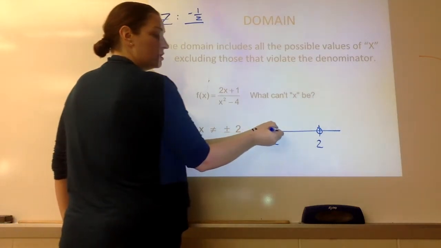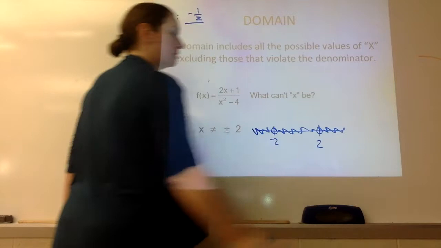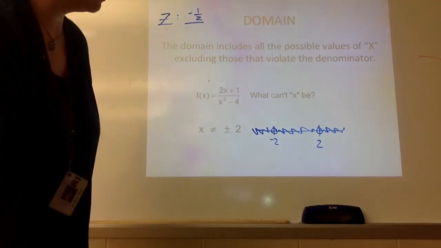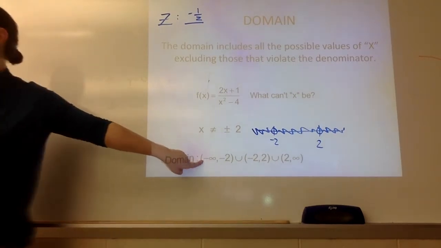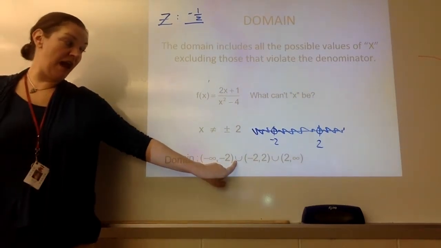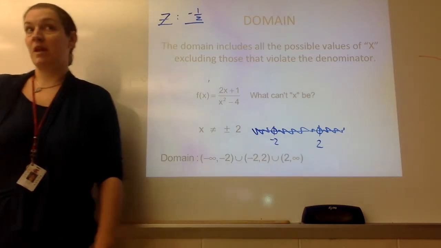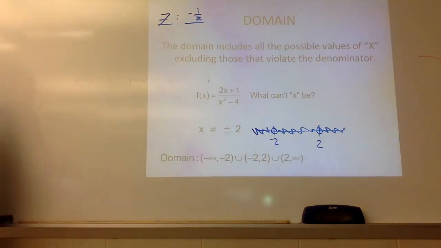How do I write those three intervals? Negative infinity to negative 2. Break in the graph, negative 2 to 2. Break in the graph, 2 to infinity. And those breaks happen to be vertical asymptotes now. Because it's rational.